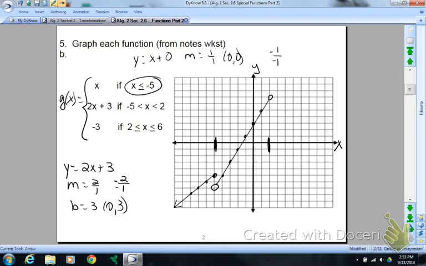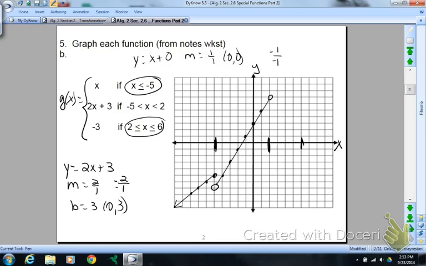And then your third one is y equals negative 3. That's a horizontal line at negative 3. But the restriction is from 2 to 6. So I already have one boundary at 2, so I'm going to make one right here at 6.